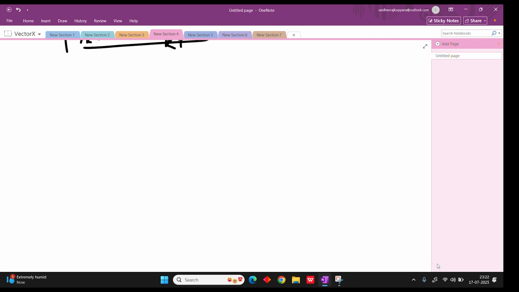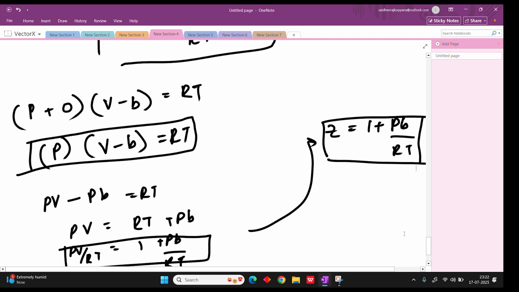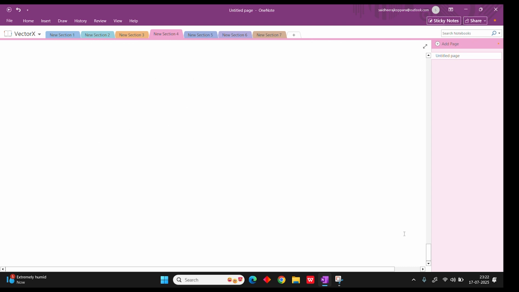So that's the equation for when your repulsive forces dominate and the repulsive forces are much higher than the attractive forces. Then this is your equation of compressibility factor.